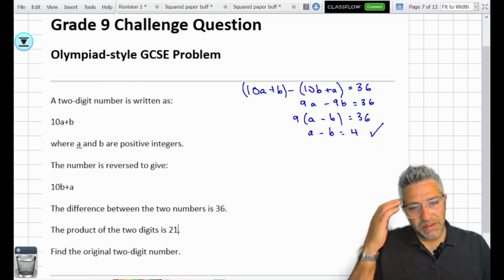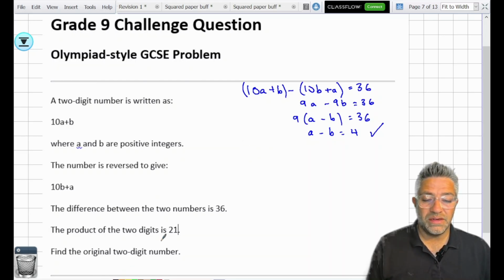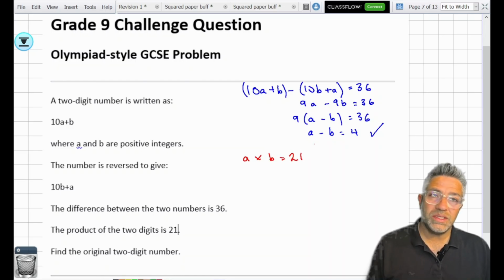So straight away I'm thinking, could be 5 and 1, could be 6 and 2, could be 7 and 3. You get the idea, 8 and 4, 9 and 5. But as well as that, we're told the product of the two digits, bearing in mind they're whole numbers, we're also told a times b is 21.